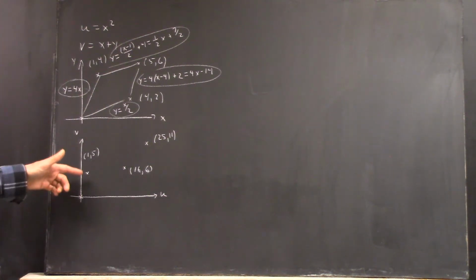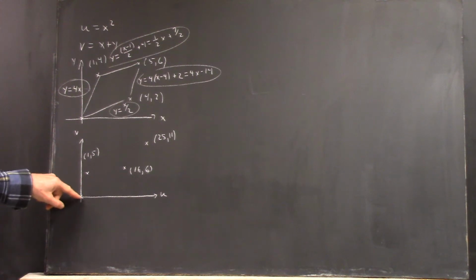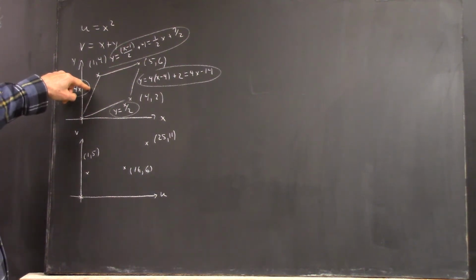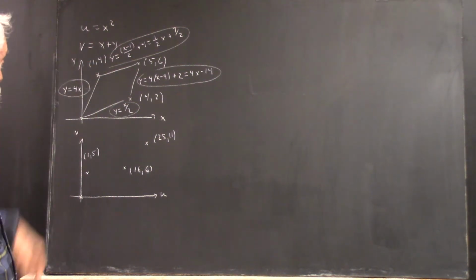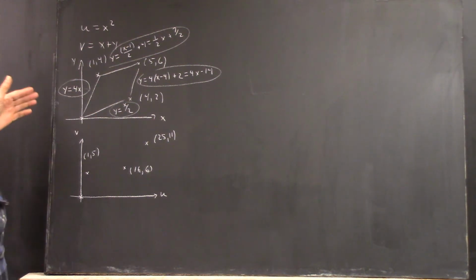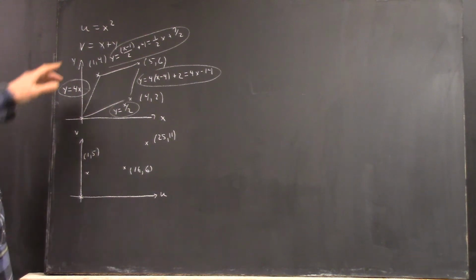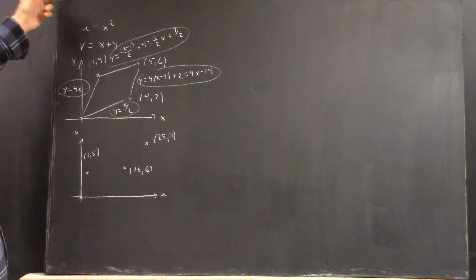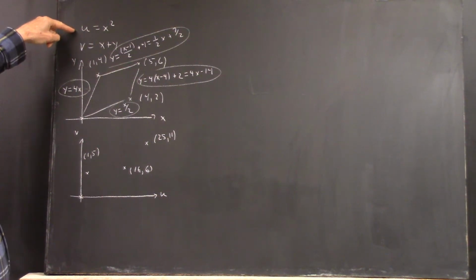So the question then is, what's the equation of the curve that connects this point to this point, corresponding to this edge of the parallelogram? Well, y equals 4x. We want to change that to u and v. X squared equals u, so x is the square root of u.